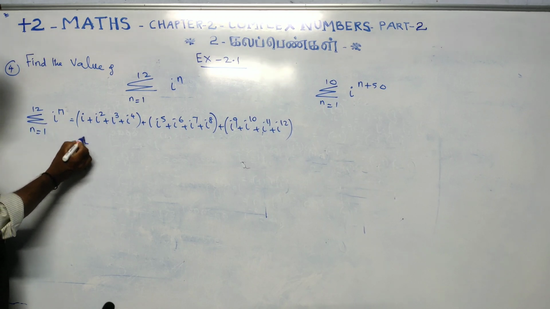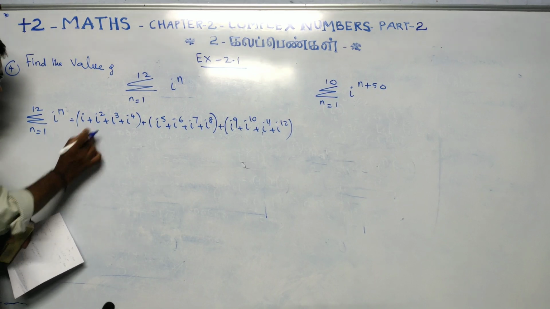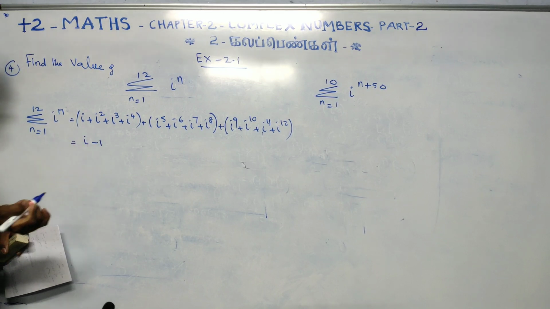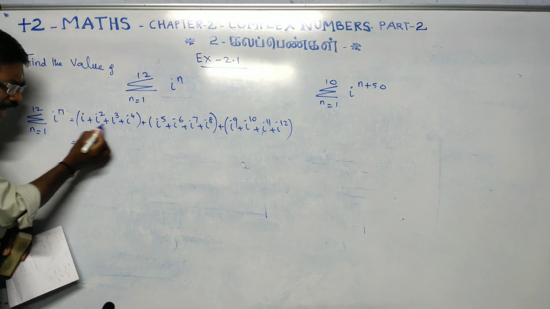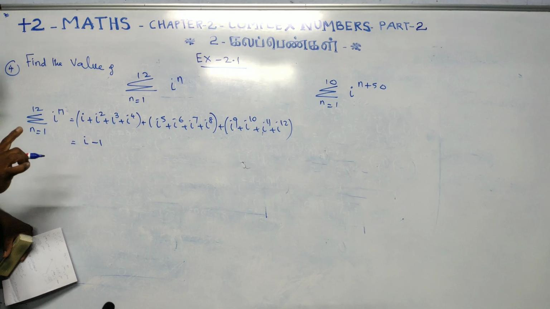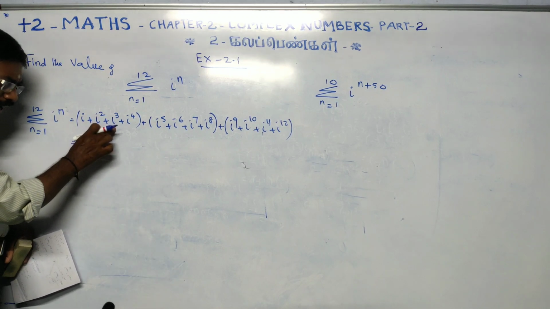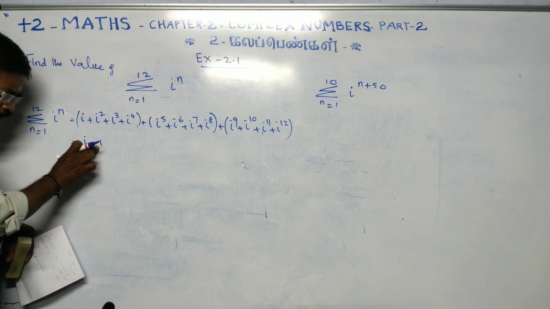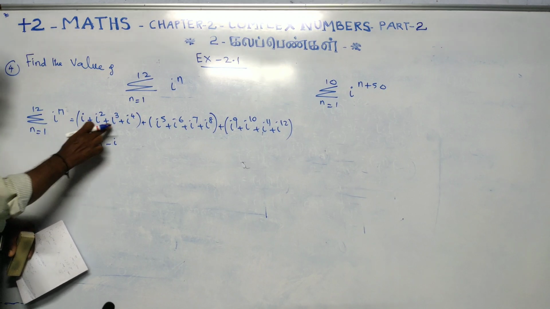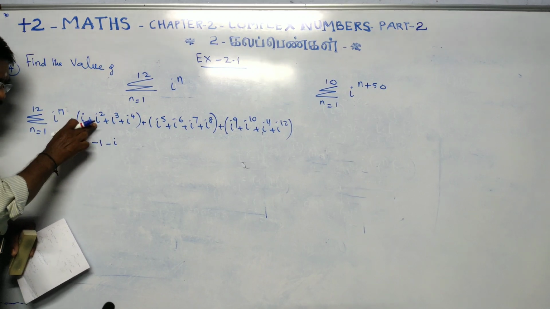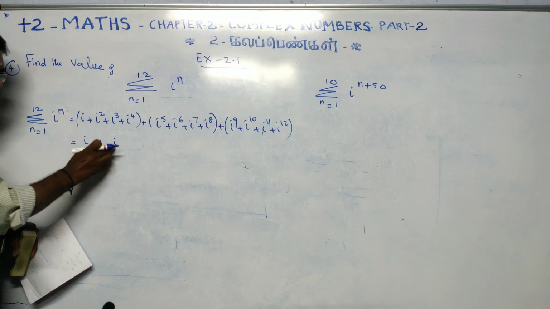The value of i square, come on, you tell the answer. The value of i square is minus 1. Okay, i cube. What is the value of i cube? I cube means i square into i. The value of i square is minus 1, into i, so minus i.